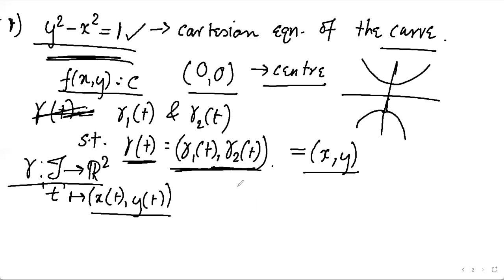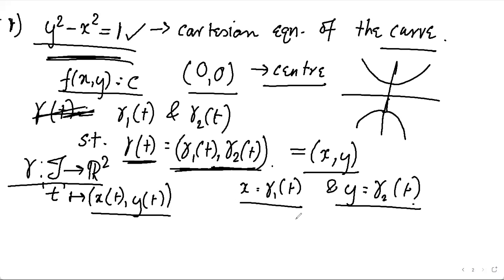So in order to avoid confusion, I named x as gamma 1 t and y as gamma 2 t.